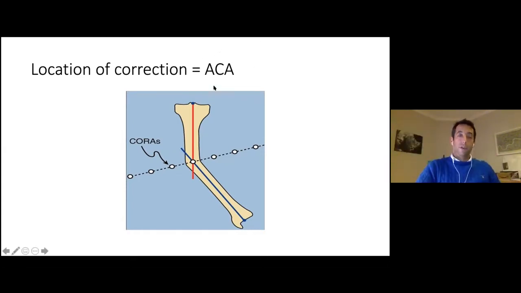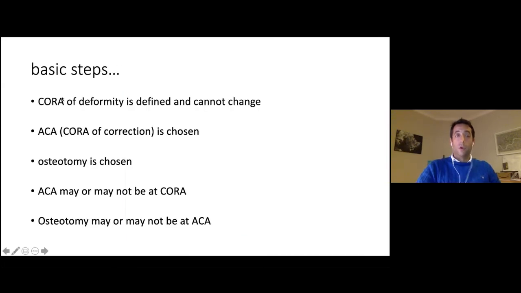The apex of correction of angulation is broadly, in many ways, the location of where you choose to pin your correction about. So where you choose to make your hinge to correct your deformity. The CORA is defined. You can't change the CORA. The CORA is defined mathematically. You can choose your point of rotation for your correction.